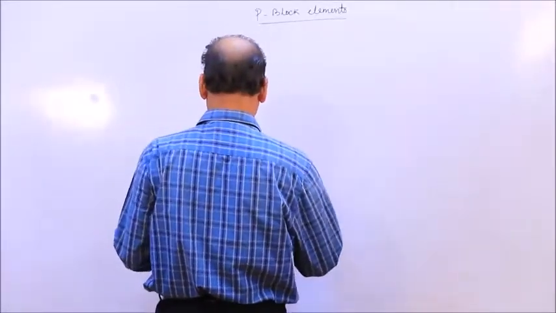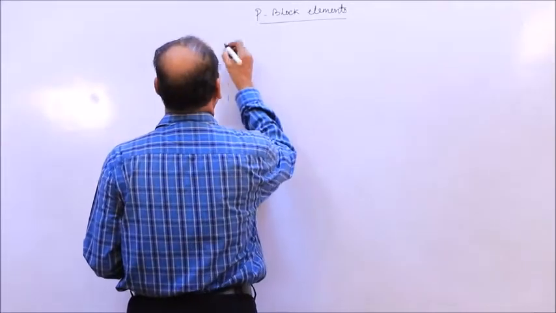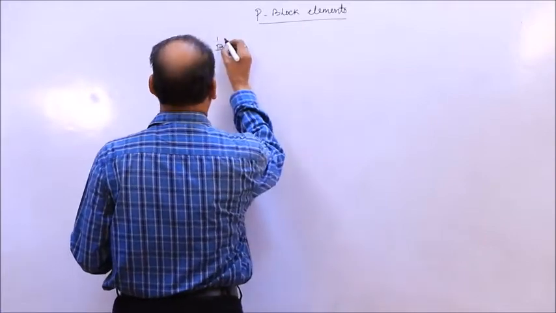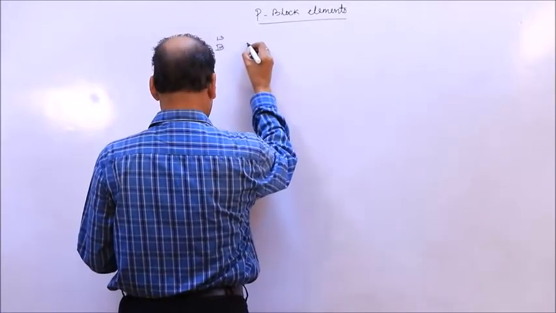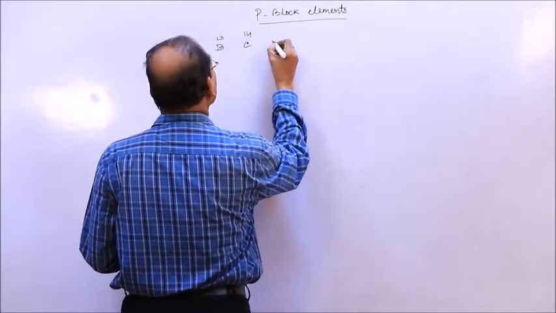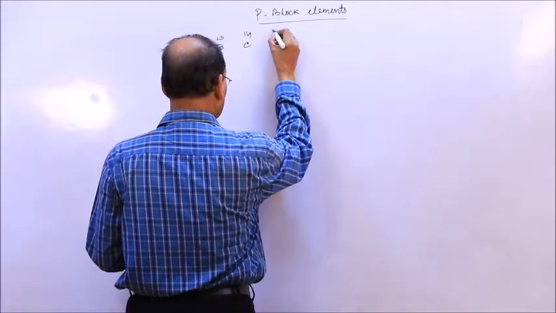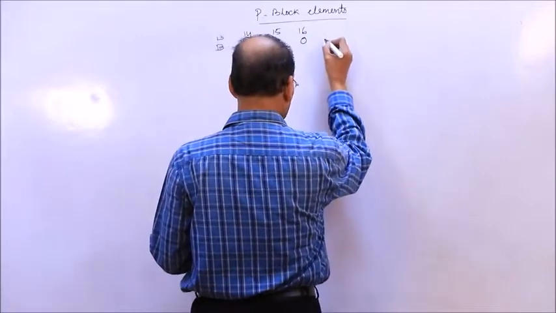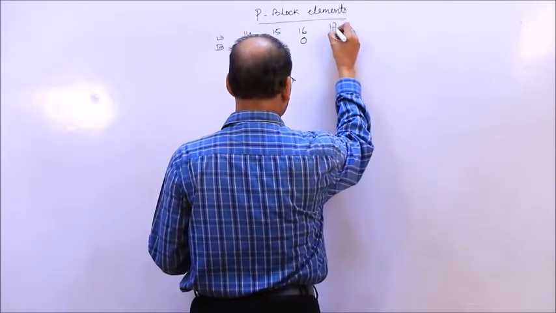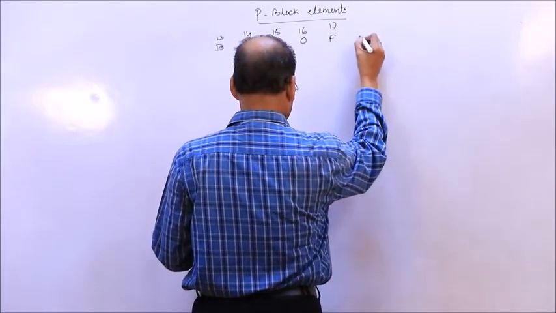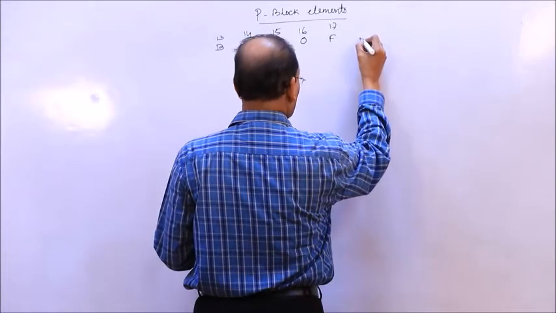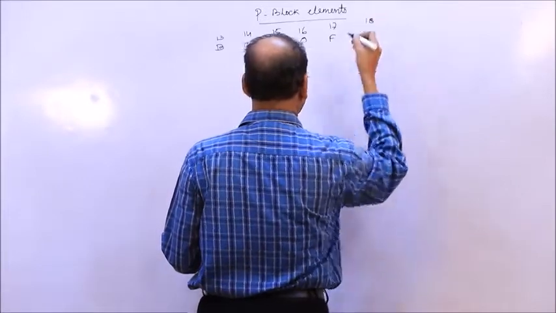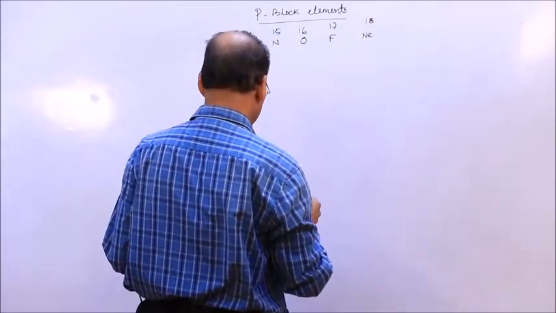Now we will discuss the periodic table, that is from boron, group 13, then carbon 14, then nitrogen 15, then oxygen 16, then fluorine 17, and neon 18, excluding helium in the last group.